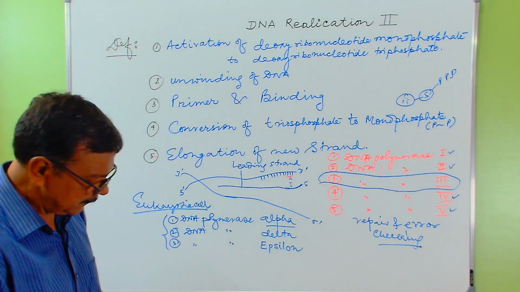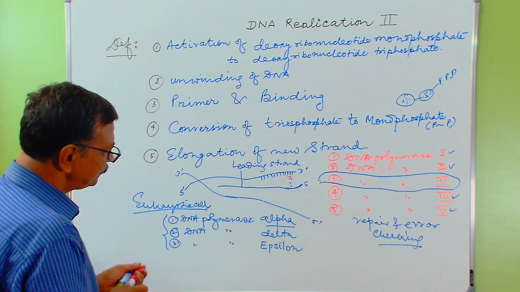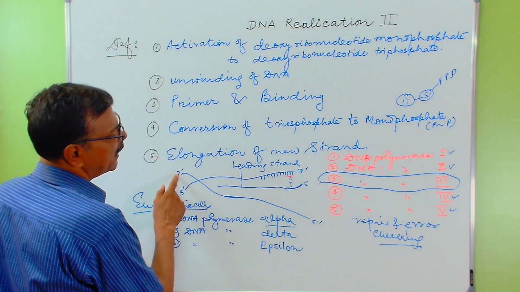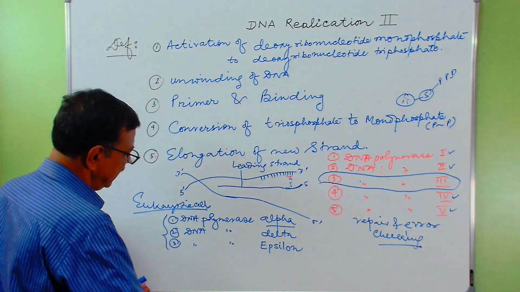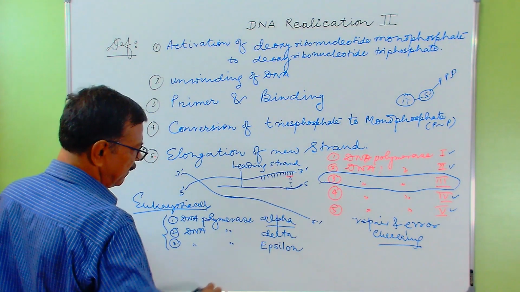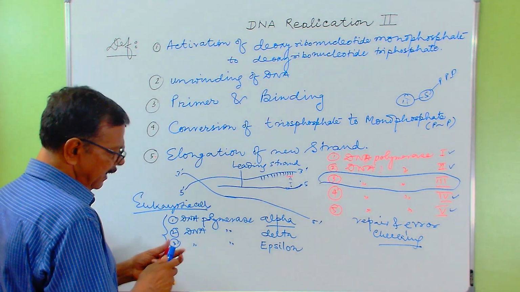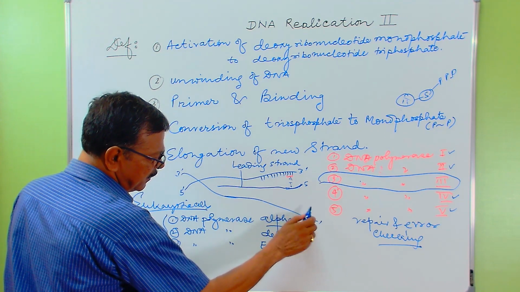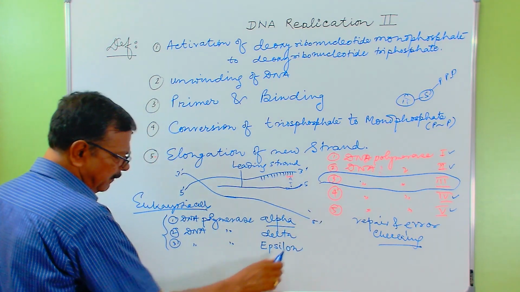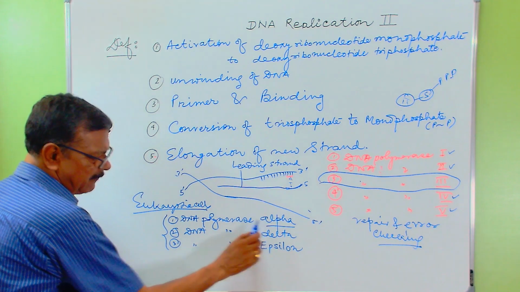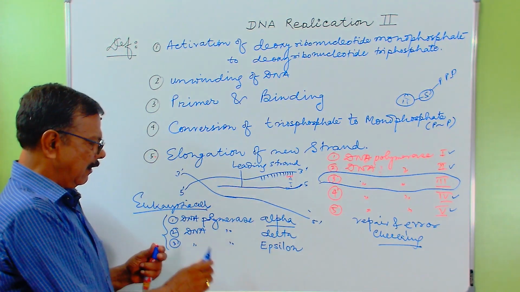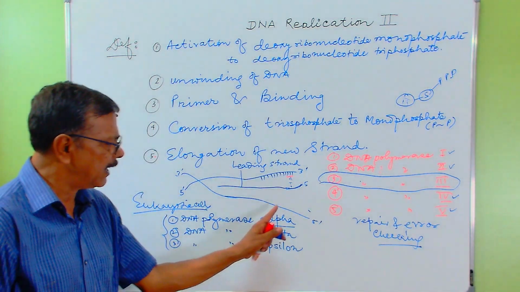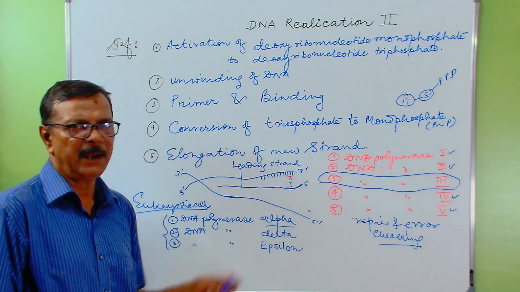Now, the lagging strand. This is 3 prime to 5 prime, okay. This is 5 prime and 3 prime. It will not start from here because DNA polymerase, whether it is alpha, delta or epsilon, cannot start from the 5 prime end.